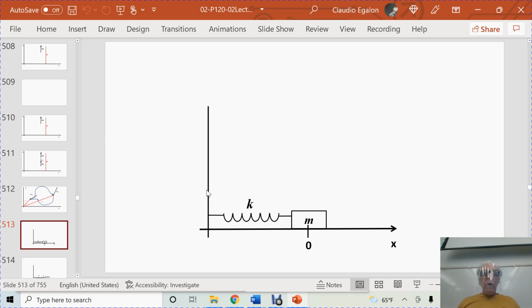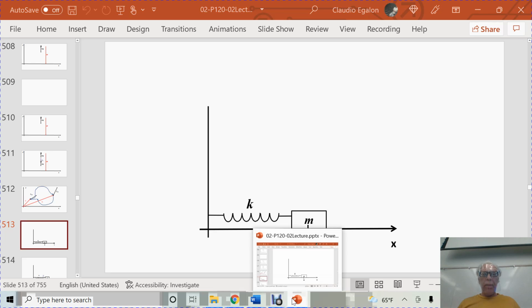The K constant that you saw there in the equation is specifically the strength of the spring. The harder the spring is, the greater the K is. Okay? That's how you should look at that.